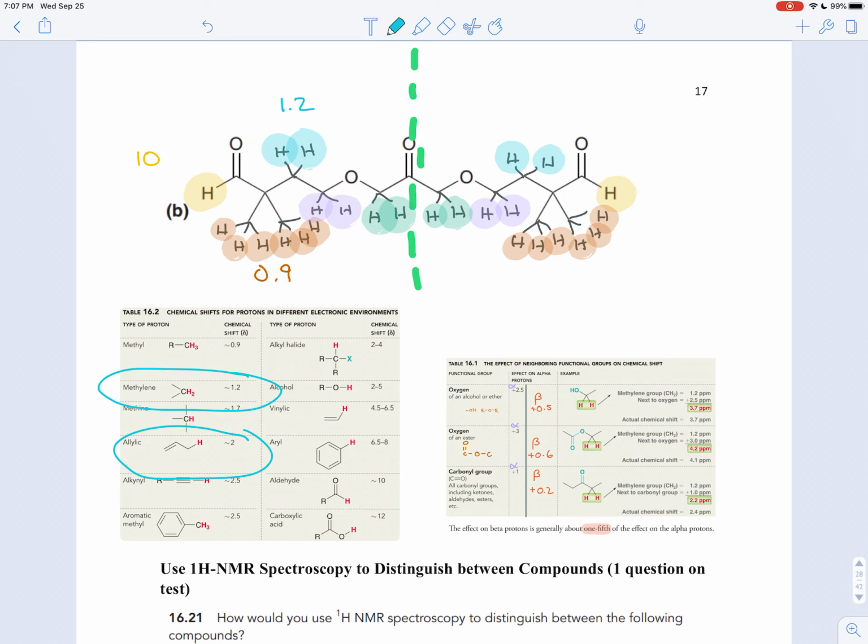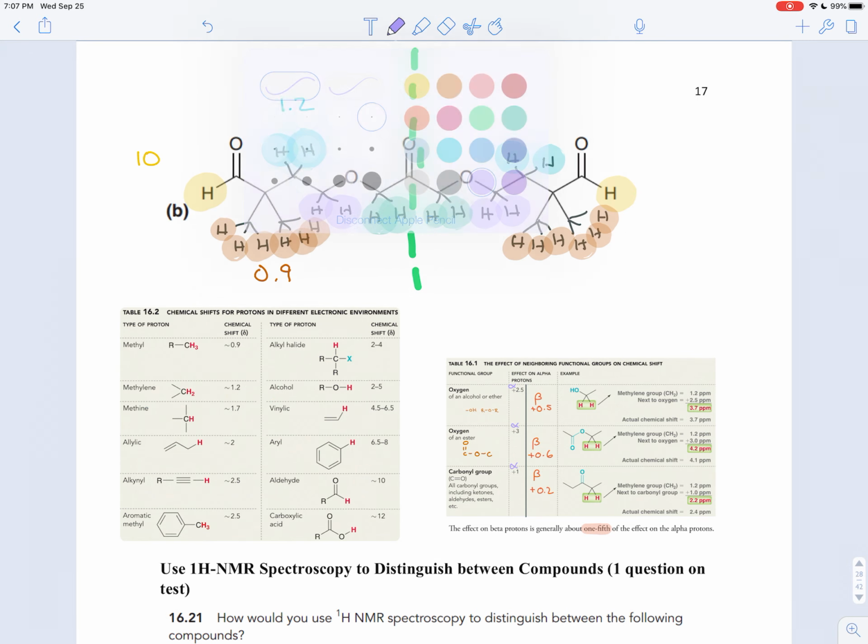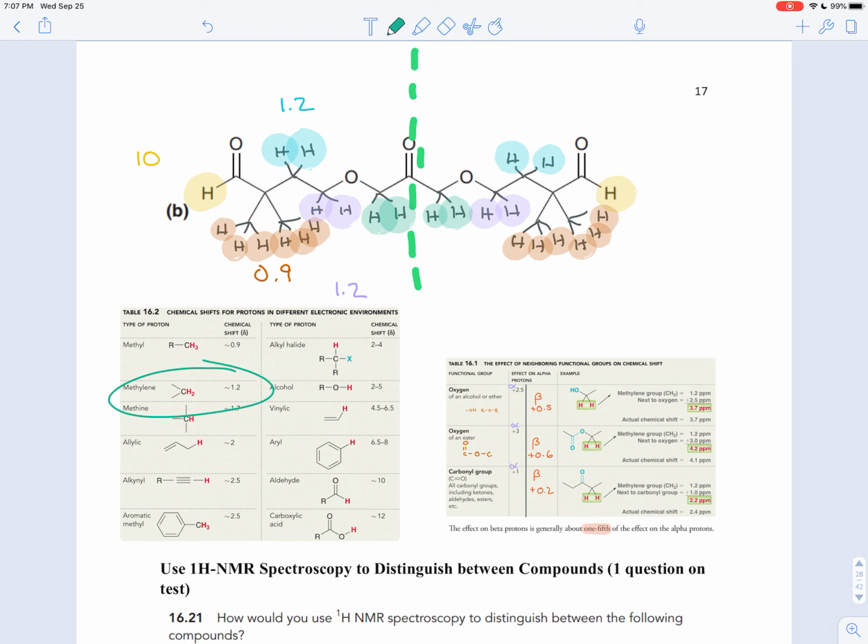If the hydrogens are ever one atom away from an atom in a carbon-to-carbon double bond, then the shift will change, and it'll be 2 instead. The purple hydrogens, that's another CH2, so you'd expect those to appear at around 1.2. And the green ones, it's another CH2, so you'd expect that to appear at around 1.2 on average.